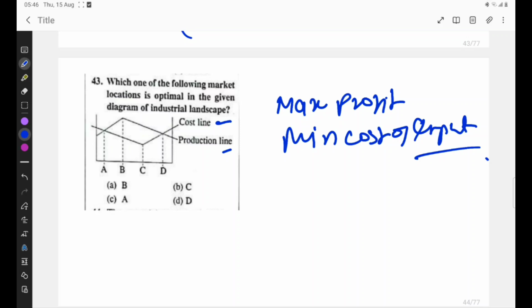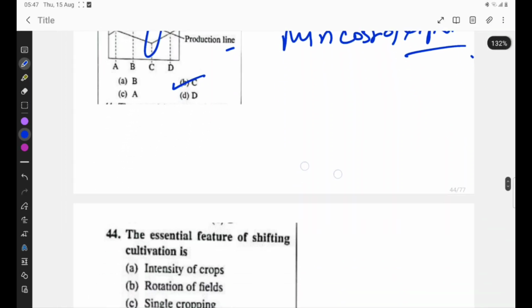See, the maximum production is at point C and the cost is also minimum. So I think option B is the answer. Yes, option B is the answer, which is at this point. Let's move on to the next question.